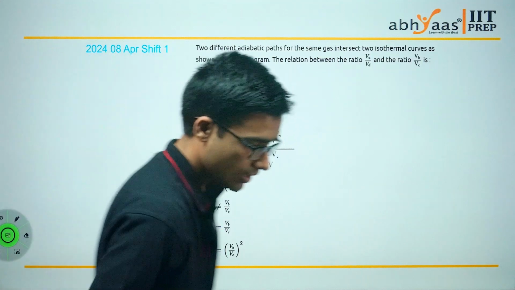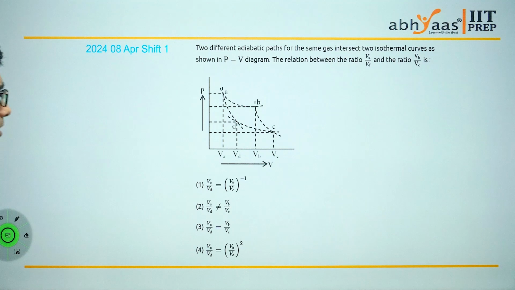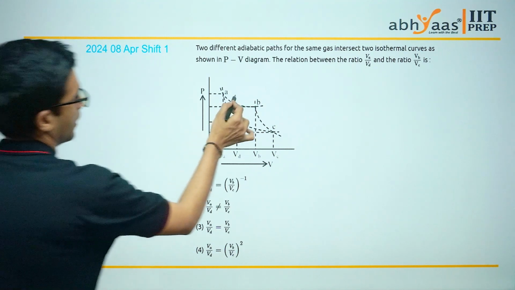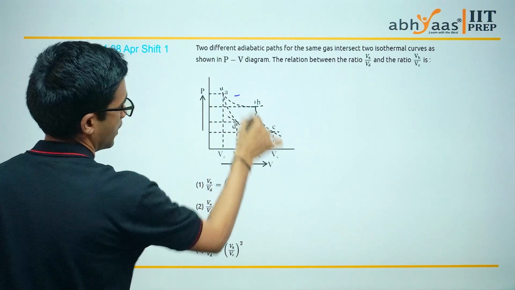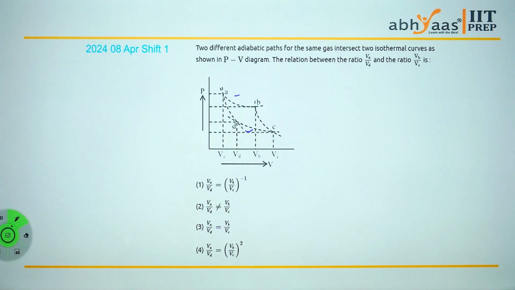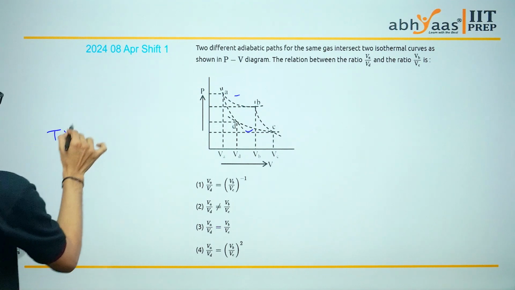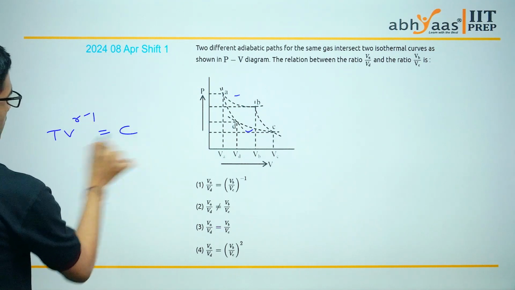The next question is also related to a cyclic process in which different paths are there. A to D is an adiabatic process, and this is isothermal, this is also isothermal. A to D and B to C are adiabatic. Now, TV power gamma minus 1 is constant in an adiabatic process.